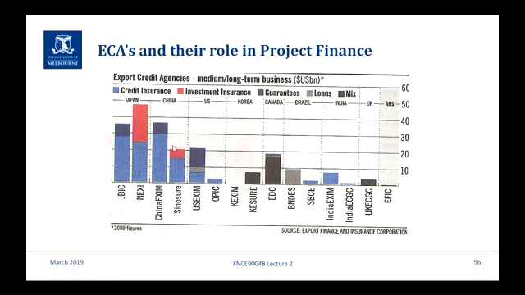You'll see that in Japan and China, it's mainly insurance type products, credit insurance, also some guarantees. In the US, it's pretty much the same. There's a bit of lending in there with Exim, but insurance and guarantees. These other ones where it's a solid black colour, it's a mix of services. So that's just to give you an idea. In Australia, you can see Australia is not a very big player in this market. Very small relative to everything else.